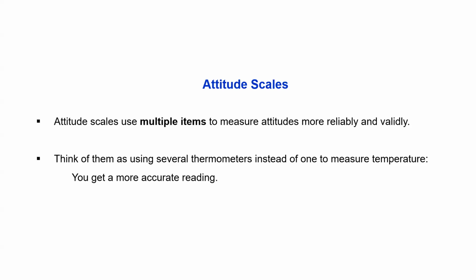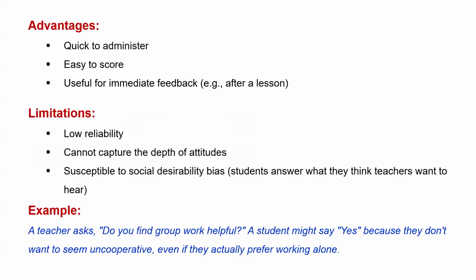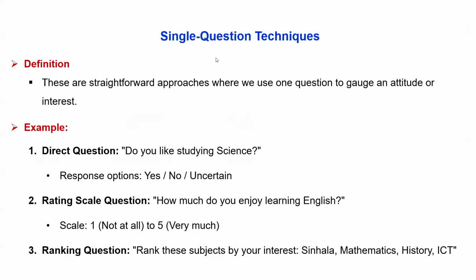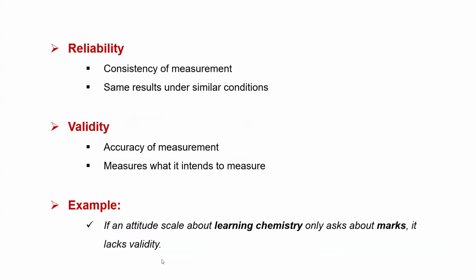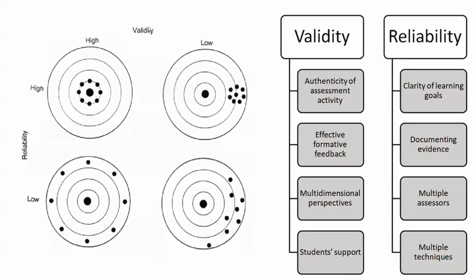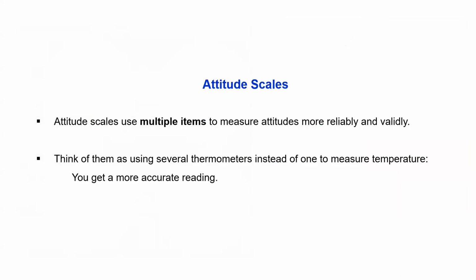Now we checked the single item questions, the single item techniques. Here you can remember this picture illustrates their validity and reliability. In order to increase the reliability and validity, we should have another scale.